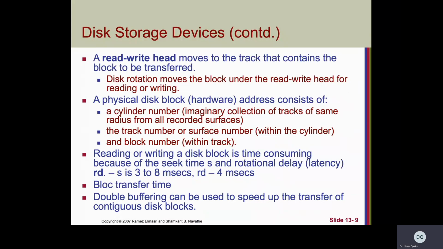And with disk rotation, because the disk is on a spindle and the spindle is moving, disk rotation moves the block under the read-write head for reading or writing. So that block goes there, and the read-write head reads that information.